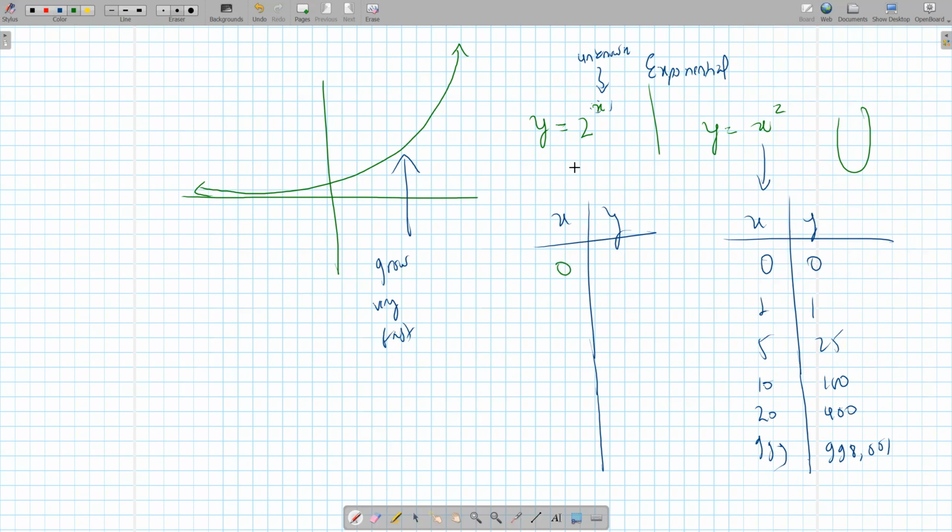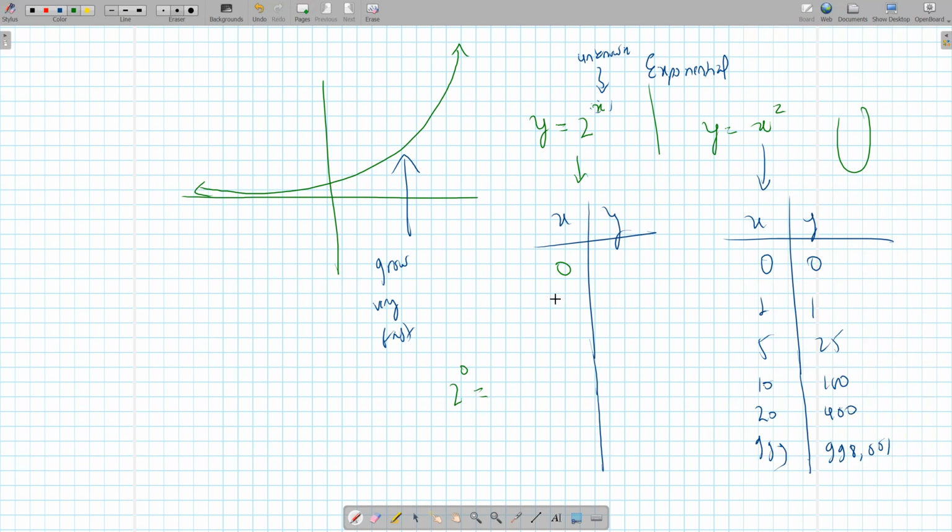Now, for the exponential function, what is 2 to the power of 0? What do you think? What is 2 to the power of 0 equal to? Isn't it just 2?